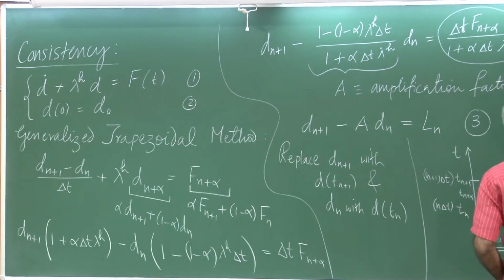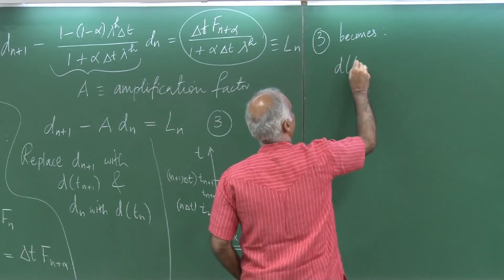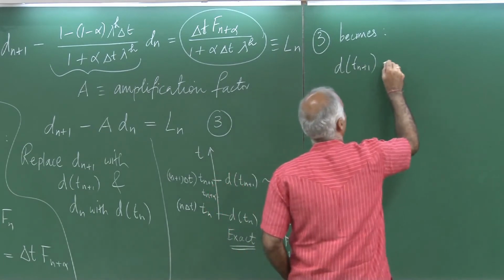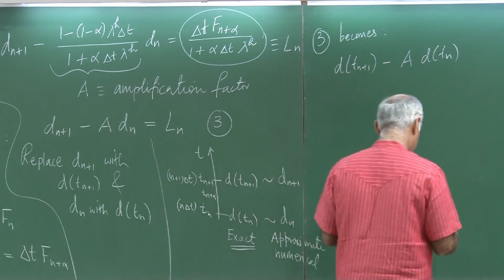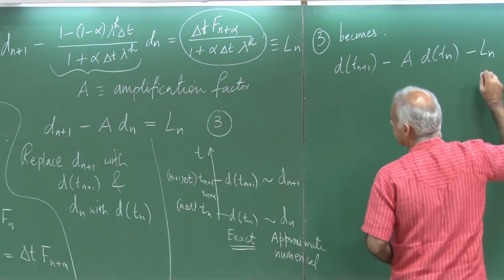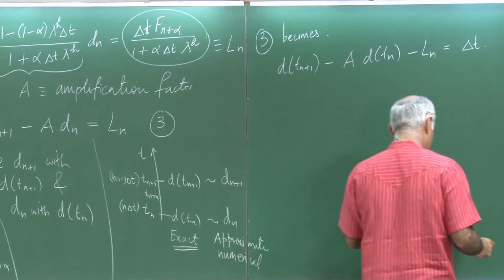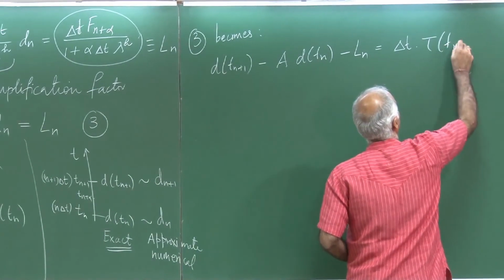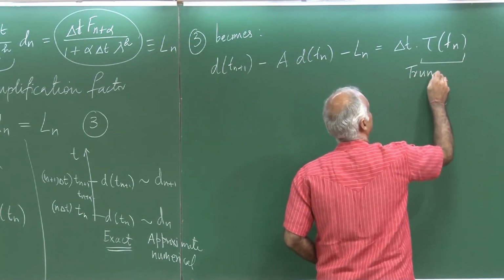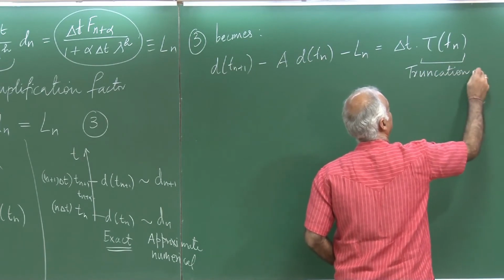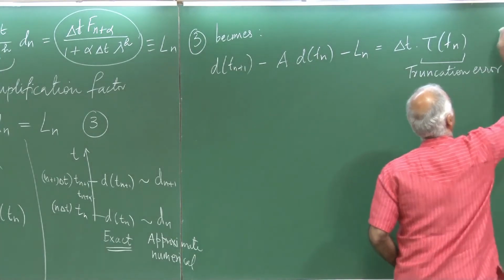So, 3 actually becomes d at t_{n+1} minus a times d at t_n, minus l_n, is going to be some error which I am going to denote by delta t times tau at time level t_n. So, this here is the truncation error. And this I am going to call equation number 4.